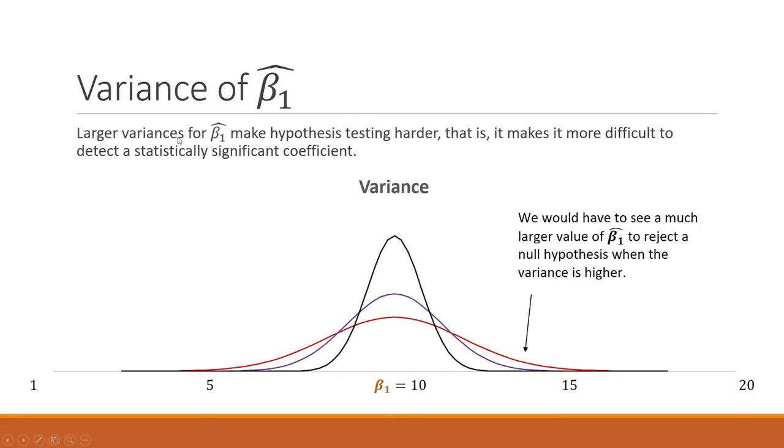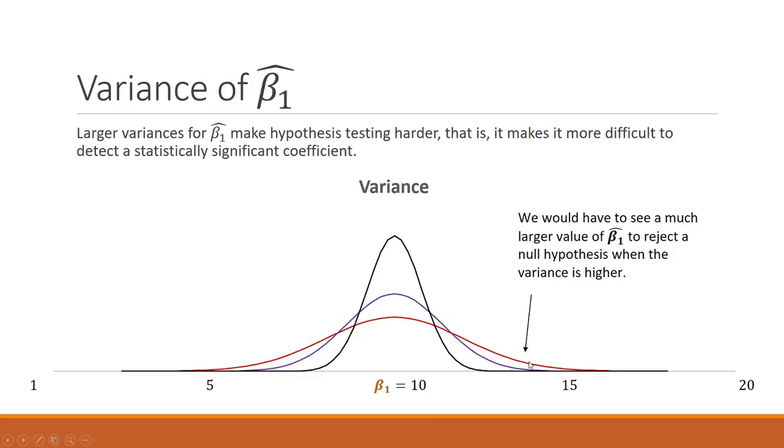So larger variances of beta 1 hat make hypothesis testing harder. That is, it makes it more difficult to detect a statistically significant coefficient. If we have a really wide distribution, then it's much more likely to find beta 1 hat values that are very large or very small, which makes it harder to reject the null hypothesis.